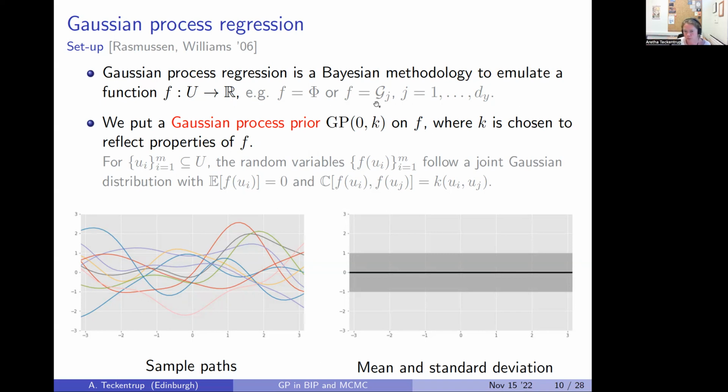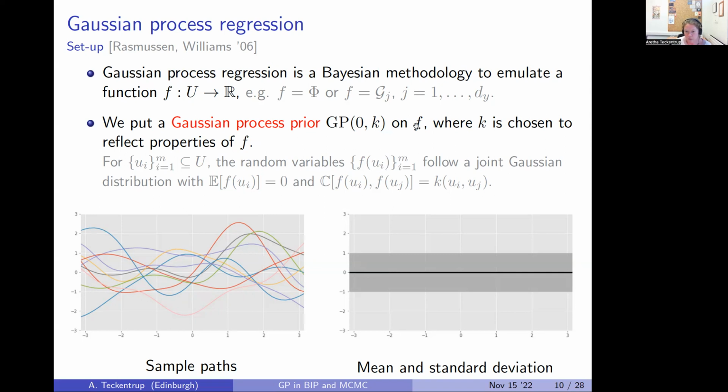You could, for example, be emulating one of the entries of your observation operator. Gaussian process regression is again a Bayesian procedure. You choose a prior on your unknown function f, and then you update it with data. As the prior, you choose a Gaussian distribution. So this is now a Gaussian process distribution, a Gaussian distribution on functions.